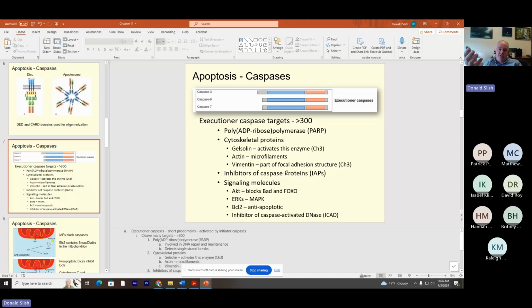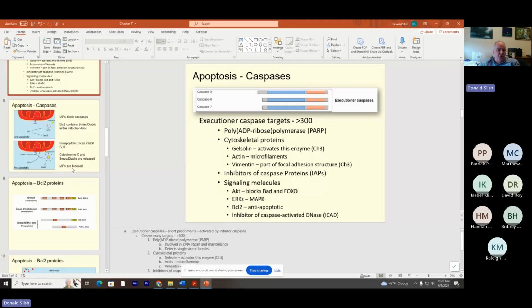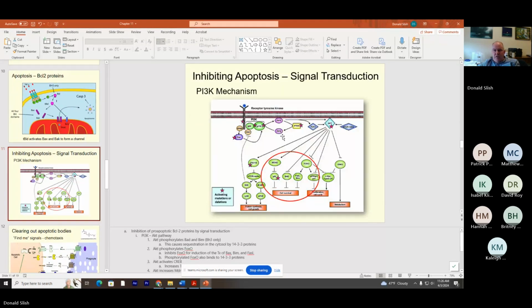When you activate cell division, you inhibit apoptosis. When you activate apoptosis, you inhibit cell division. So those proteins will be inhibited as well when we get into this mechanism. And then signaling molecules. Like I've said before, we look at signal transduction. When you activate cell division, you're also inhibiting apoptosis through all these mechanisms.